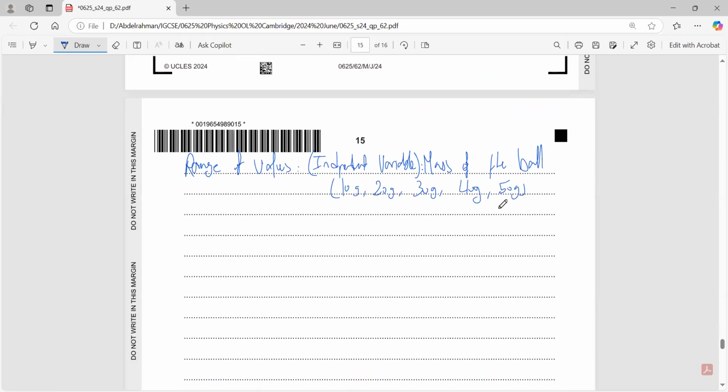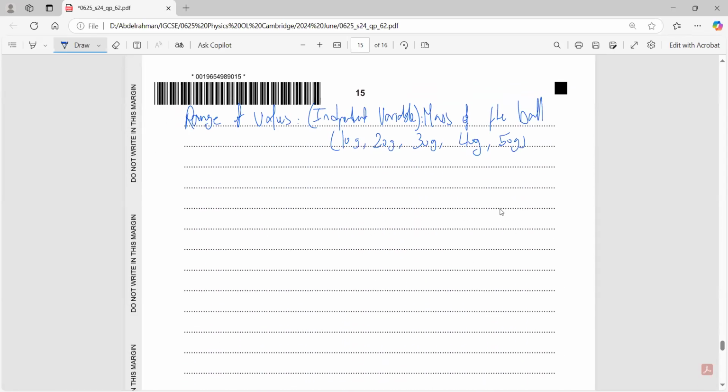What is the controlled variable? What are some of the controlled variables?